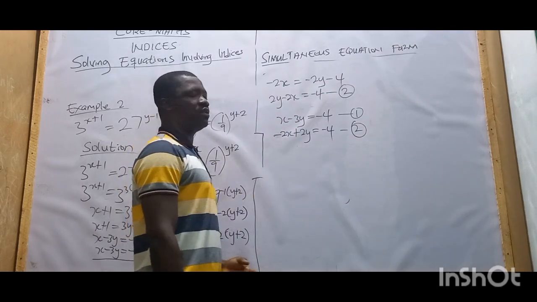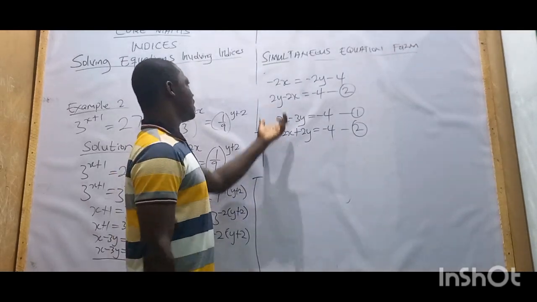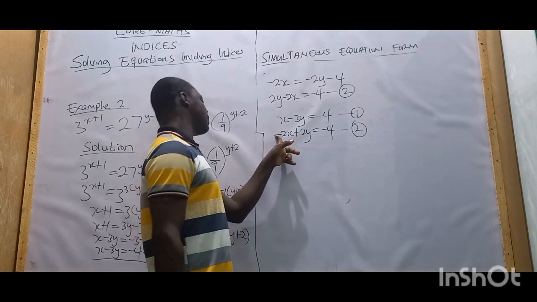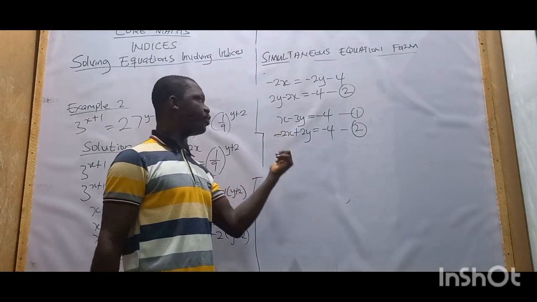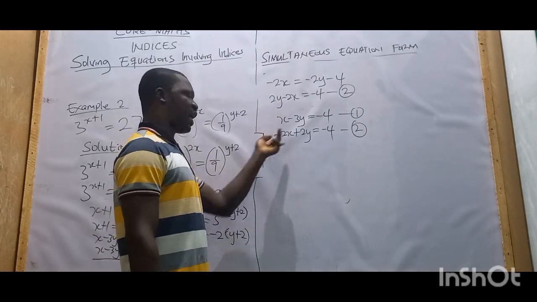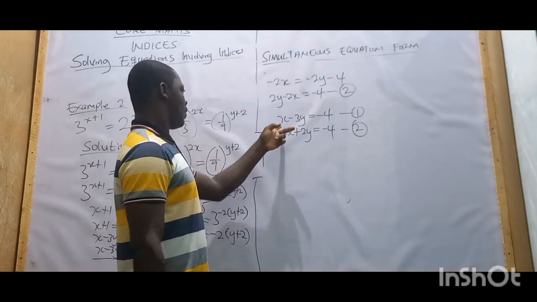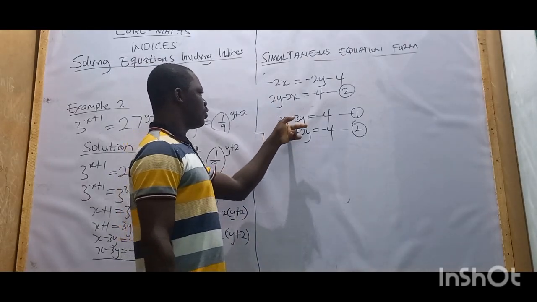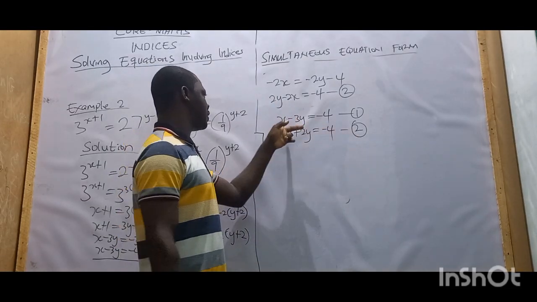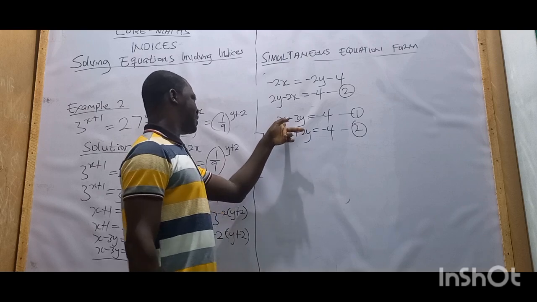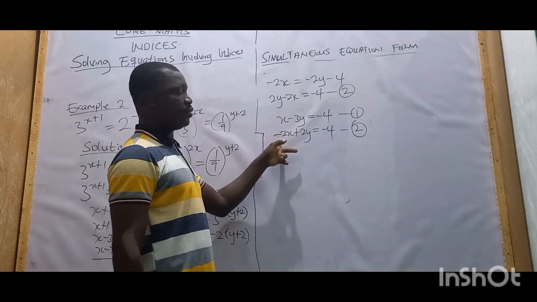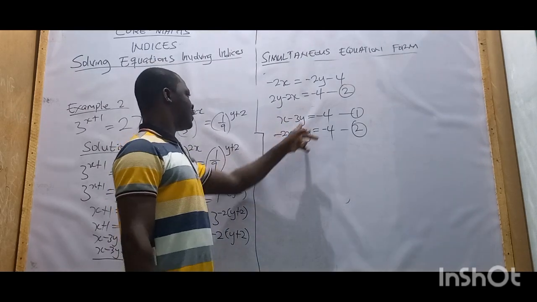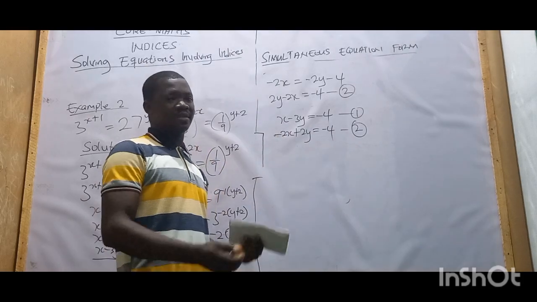We'll solve simultaneous equations today still, but since this one is not mainly simultaneous equations, the equations are very, very simple. So check which one I can eliminate. If I multiply the whole of equation 1 by 2, here will be positive 2x. Positive 2x plus negative 2x will give me 0, so that I will eliminate what? The x and solve the rest, right?